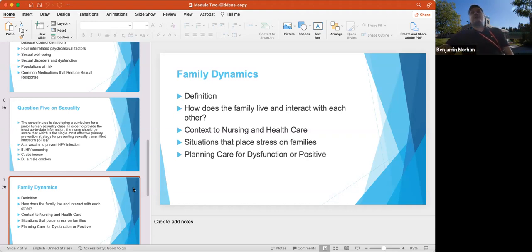Cancer or life-threatening diagnoses can also affect family dynamics. Intimate partner violence or an adult child who lives with a parent that's abusive, substance abuse and addiction can interfere with family dynamics, as well as death and dying.